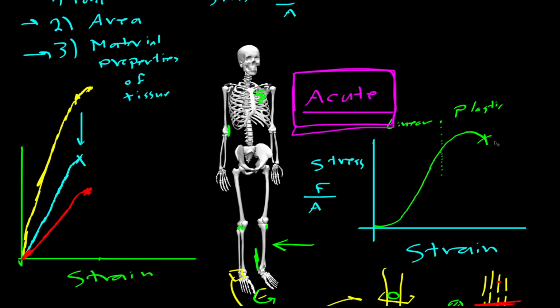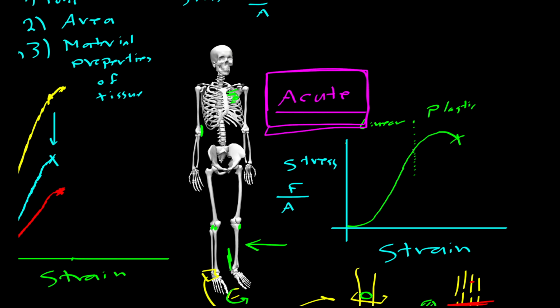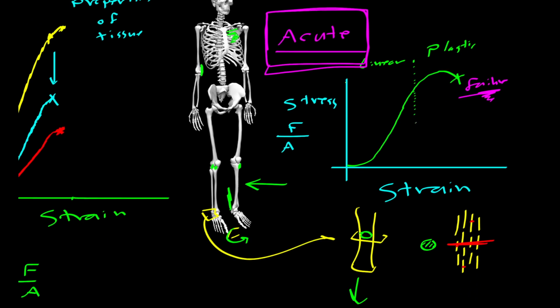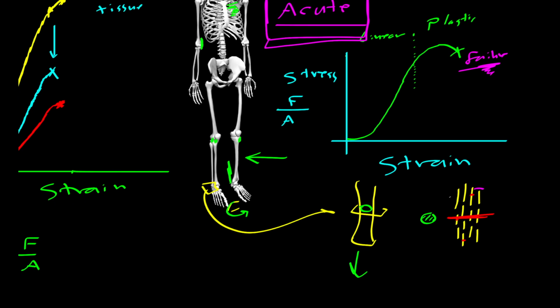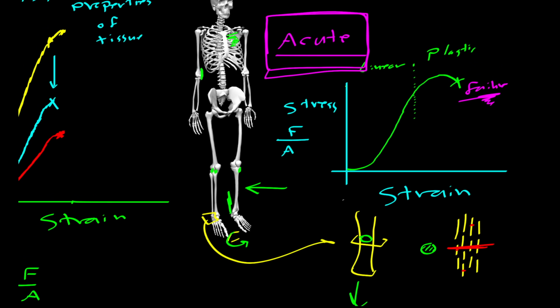Do we get up into this plastic region where we're going to be doing permanent damage to the tissue? And if we do, do we get all the way to failure? Which would be a complete rupture, a complete fracture of the bone. Whereas plastic region, like we said earlier, that's what we would colloquially call a ligament strain as opposed to a ligament rupture. So that's acute injuries. And in the next video, we'll talk about overuse injuries and how those are different.